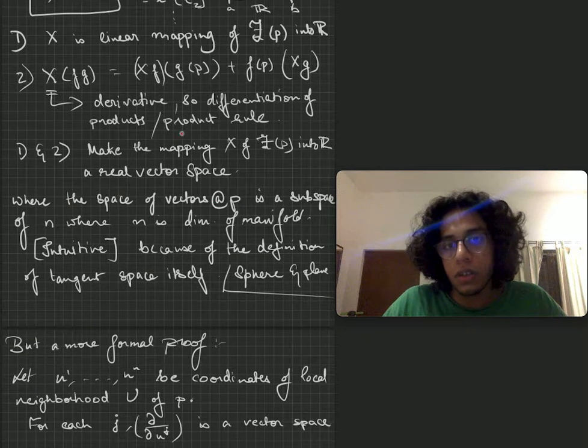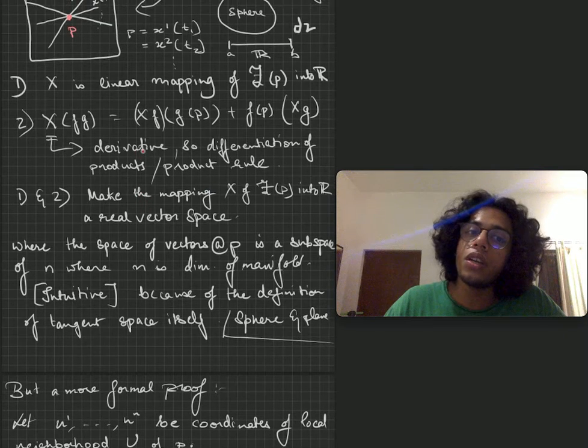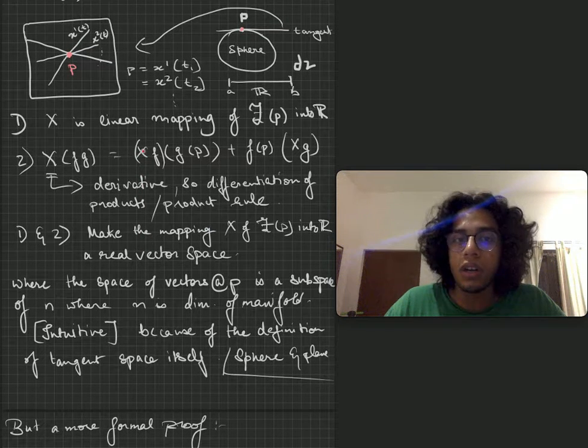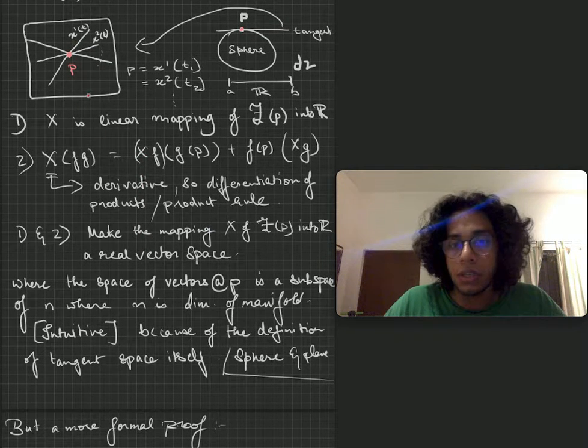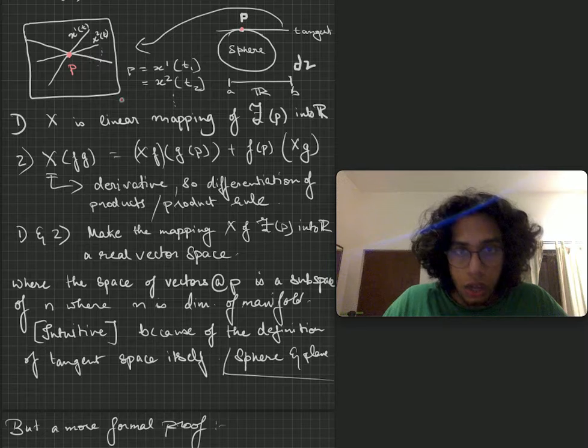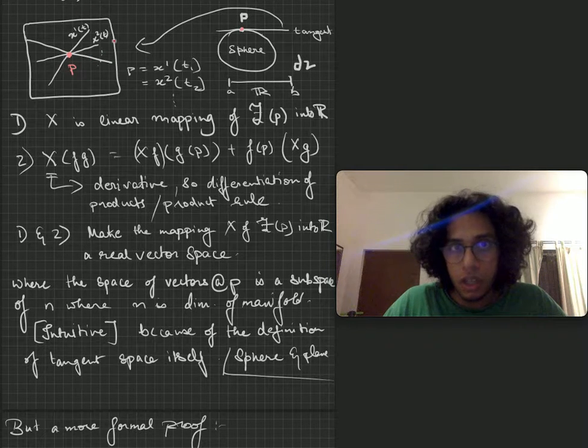One more important result here is that we need to show that the vector space at P is a subspace of R^n, where n is the dimension of the manifold.